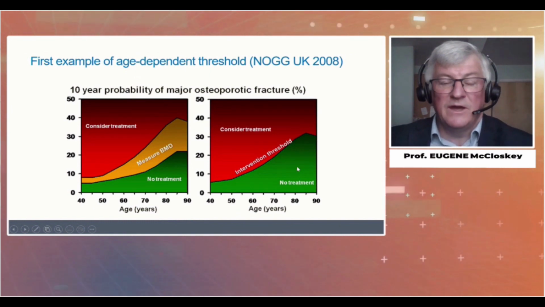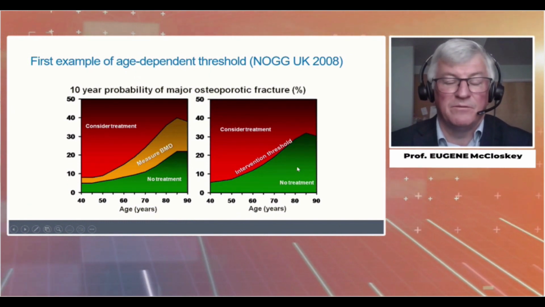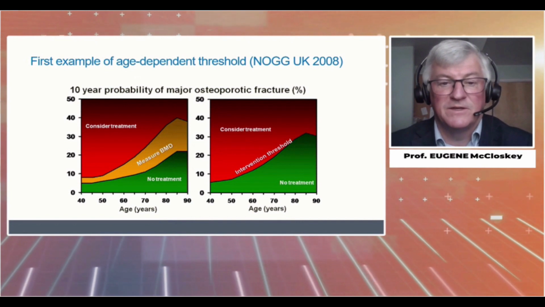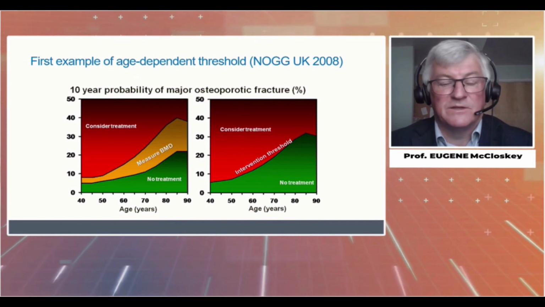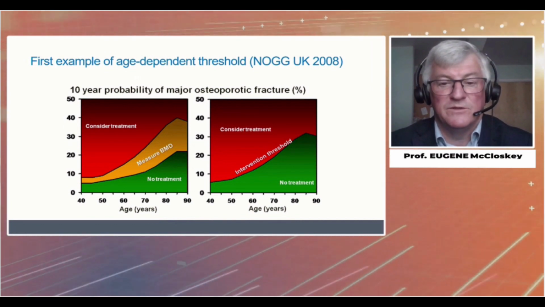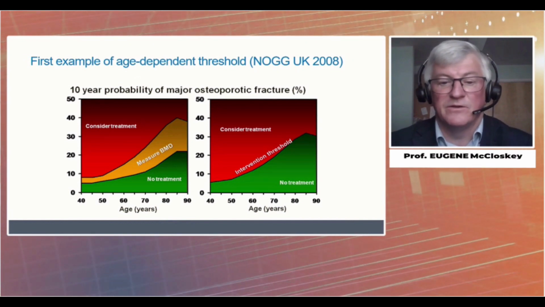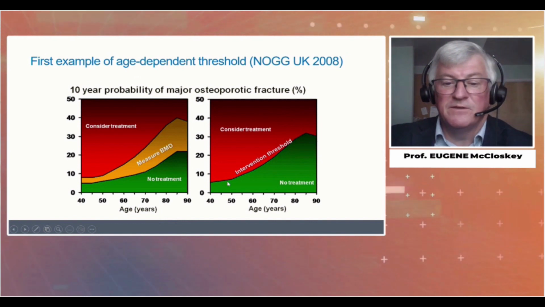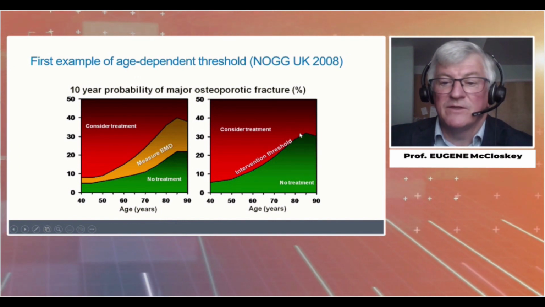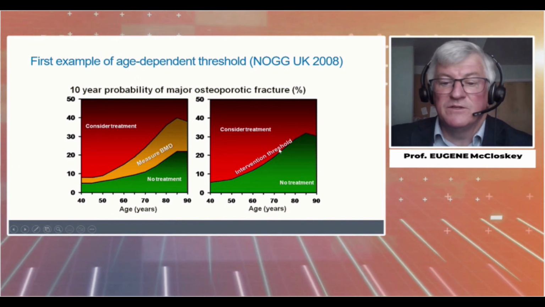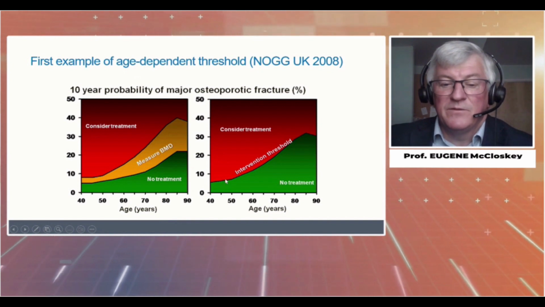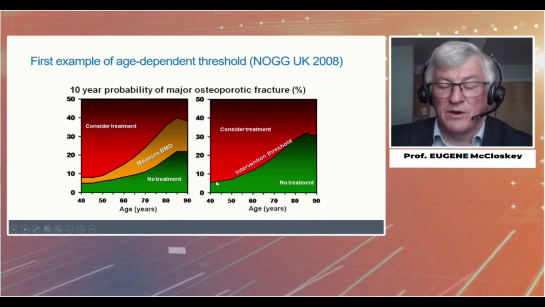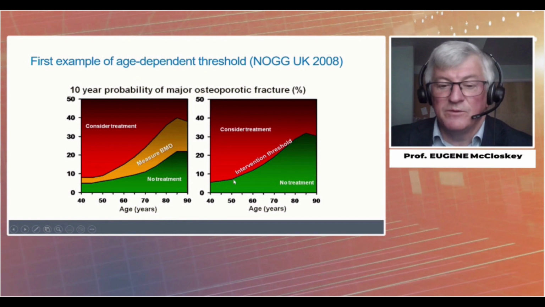So in the UK, whenever we launched FRAX back in 2008, we recognized that if the tool was going to be used, then we had to give guidance around that. And on the right, we took the approach that the intervention threshold, similar to the graph that I've just shown you, should be: if you have a prior fracture, then you should get treatment.